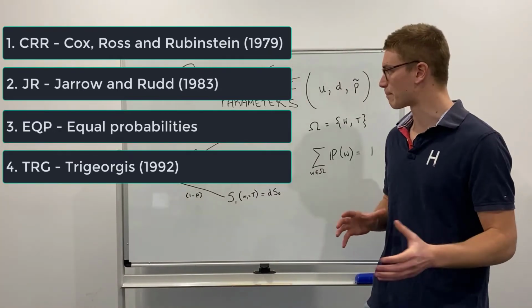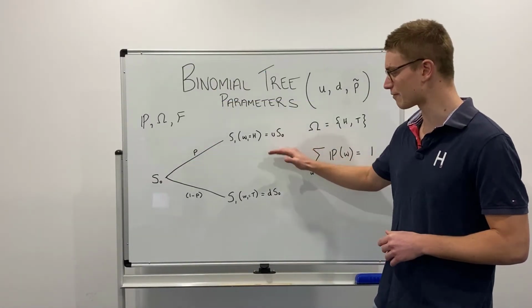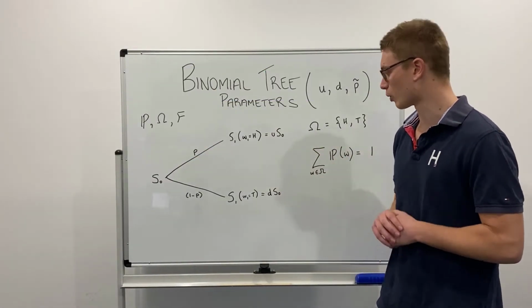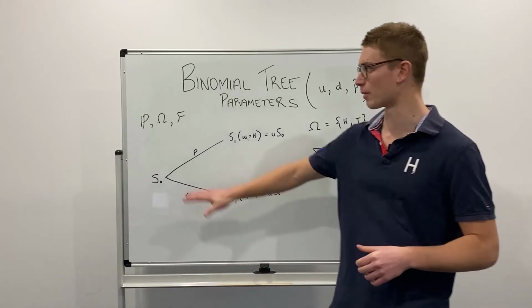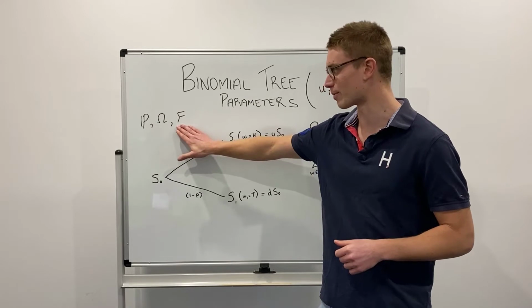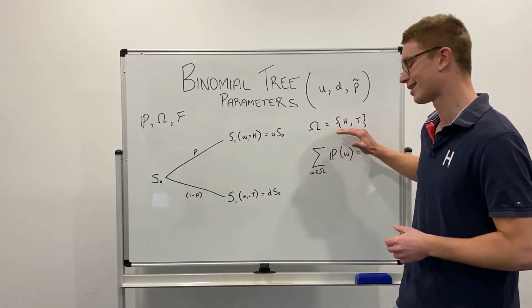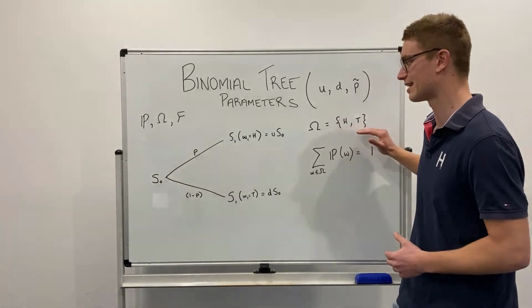Just taking a step back, we know that there are the binomial tree parameters as we have here. We've got the up factor and the down factor. I wanted to put this in perspective of our probability space, our filtration and our outcome space. We won't worry about filtration for a second, but here we have two outcomes, like a coin being tossed, heads and tails.